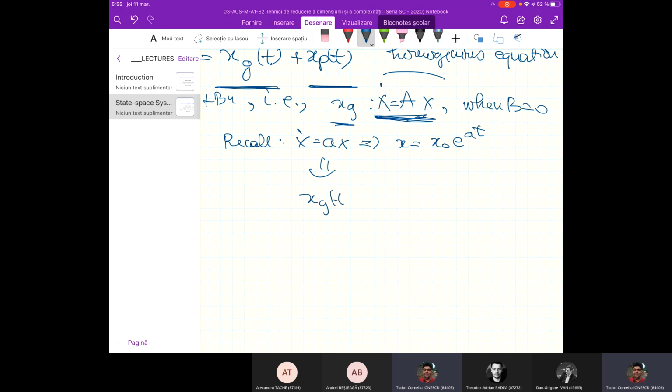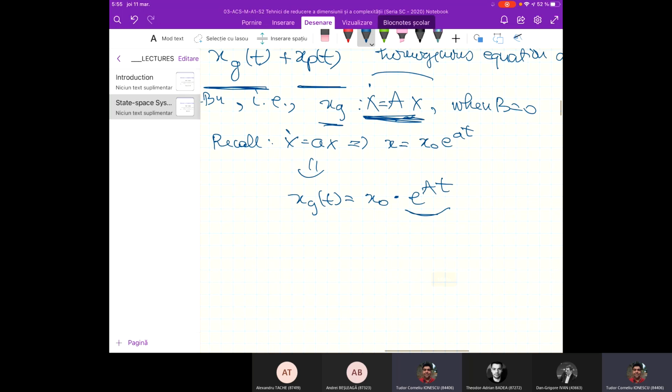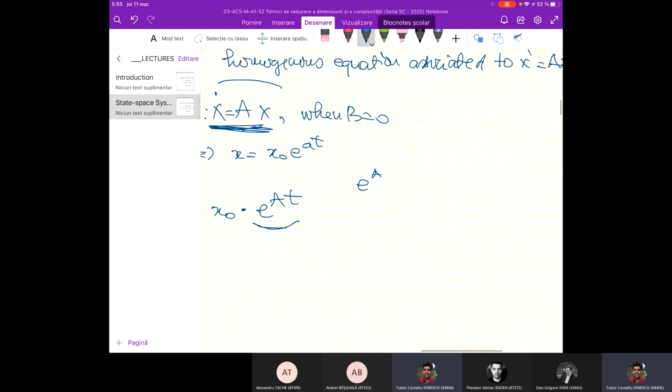Xg is x0 times e to the power of At. Very good. Where this is the matrix exponential. E to the power At is defined through the Taylor series expansion: I plus At plus A squared t squared over 2, and so on.